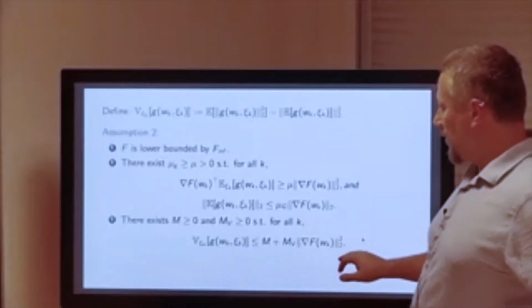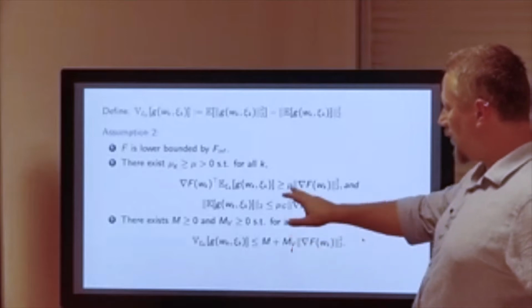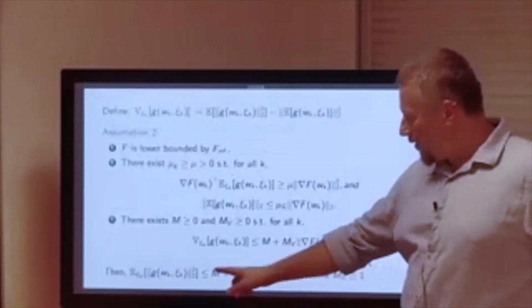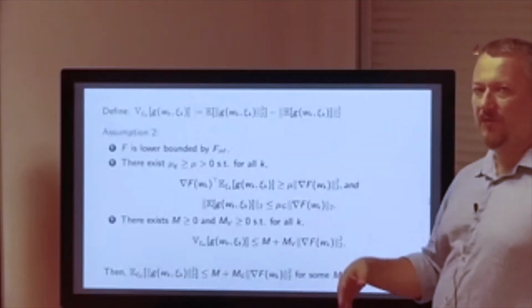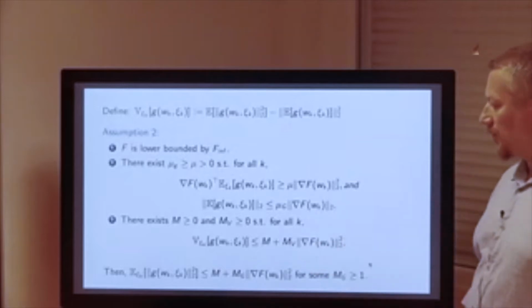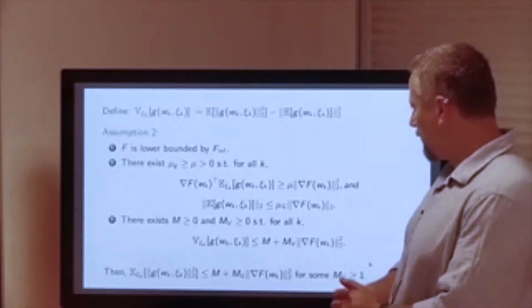So we want this to be satisfied. And once these are satisfied, then you can easily show that this holds. This was the condition that we had before for showing convergence of the regular stochastic gradient steps.